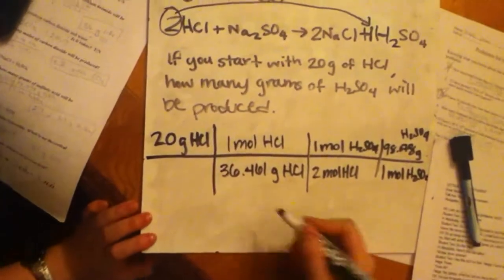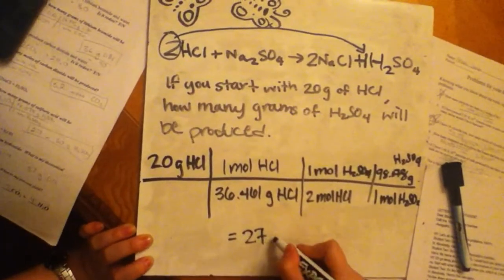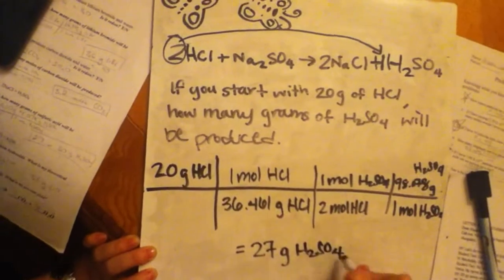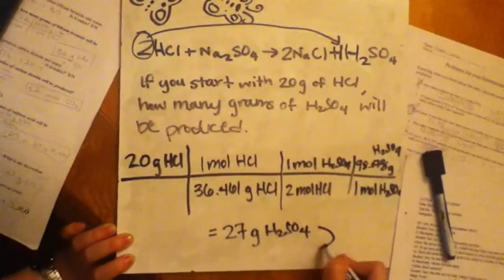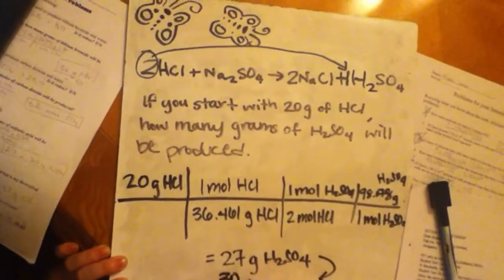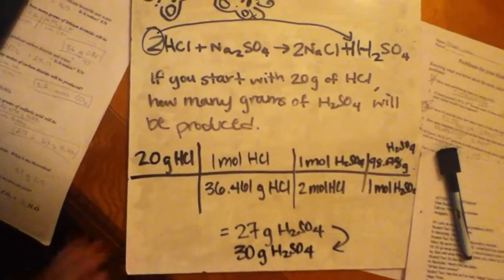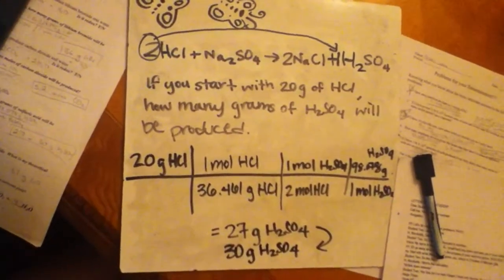After you calculate all that, you get something like 27 grams of H2SO4, and after you do your sig figs, that'd be like 30 grams of H2SO4. And that, guys, is your intro to stoichiometry.